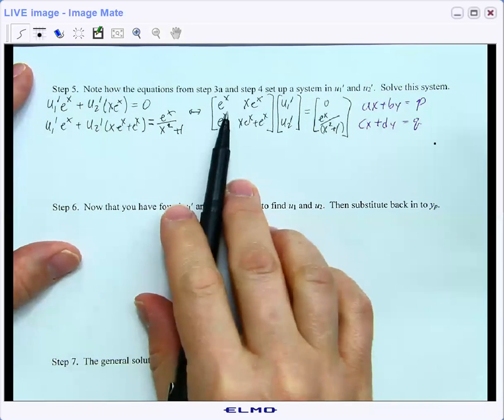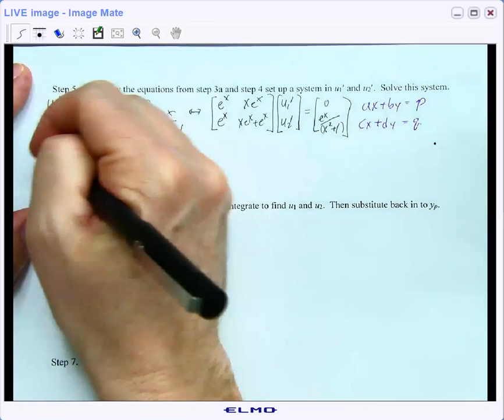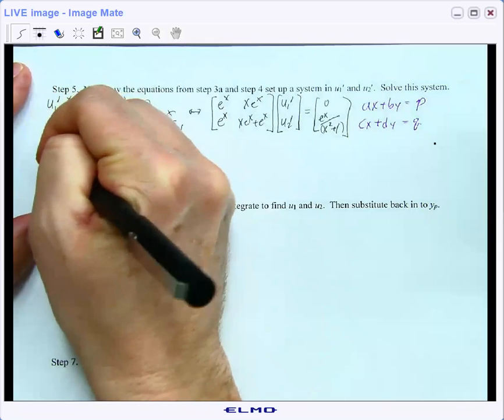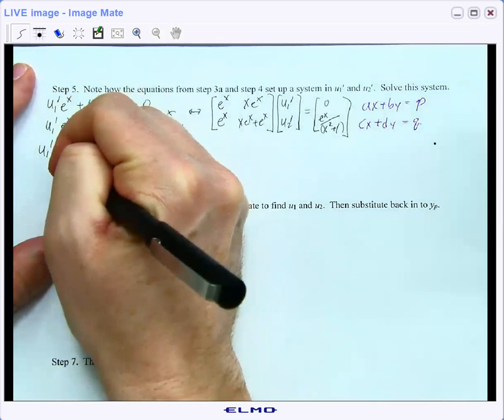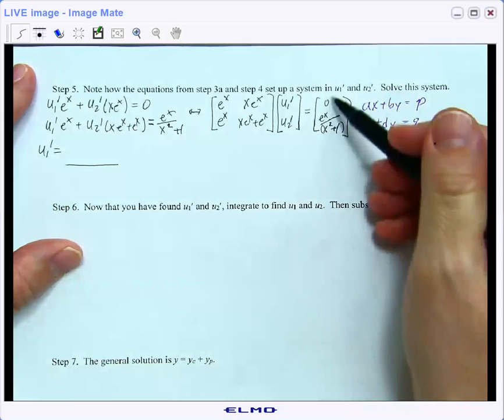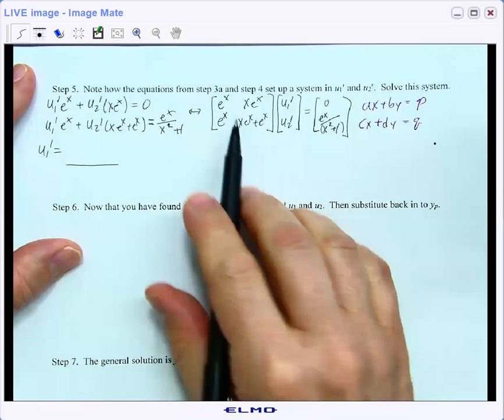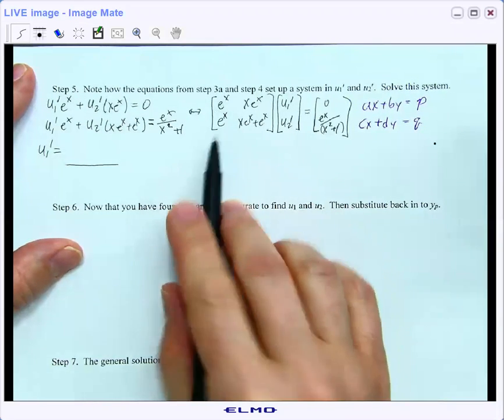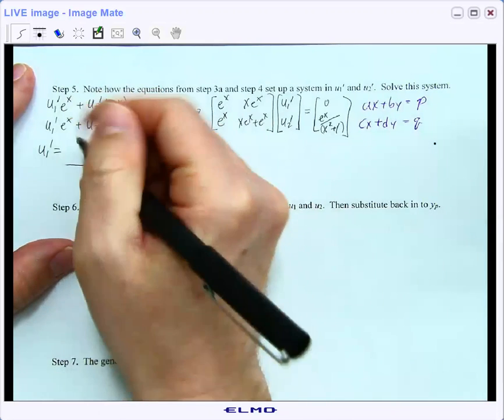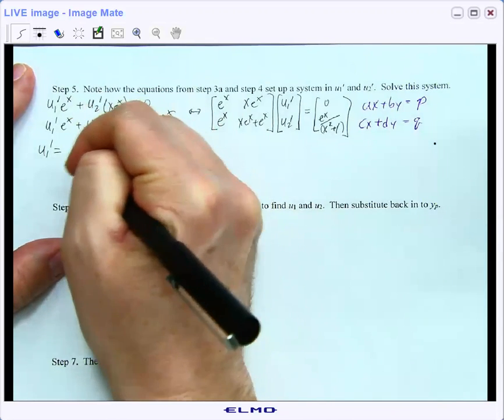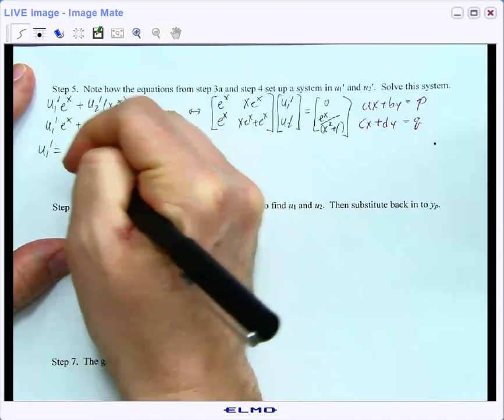So what we need to do to solve this, the u1 prime guy is going to be, take the constant column and slap him in place of the first column here. So we'll have 0 and e to the x over x squared plus 1.